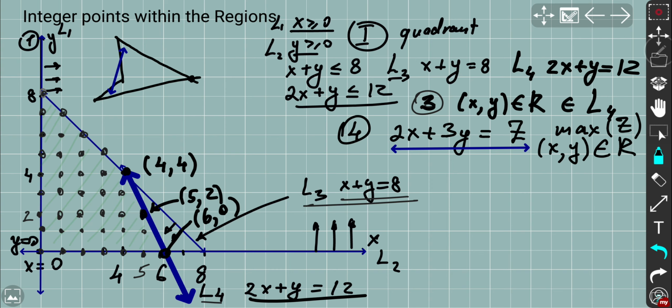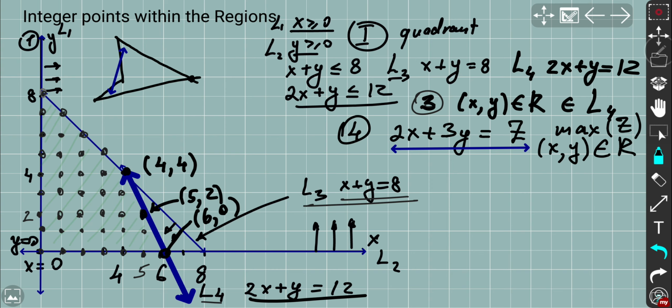And when Z has an optimum value, the optimal value of that function must occur at the vertices of that region. Vertices are like the vertices of the polygon. Basically, they are corner points.